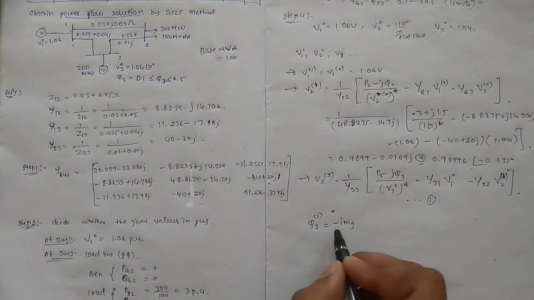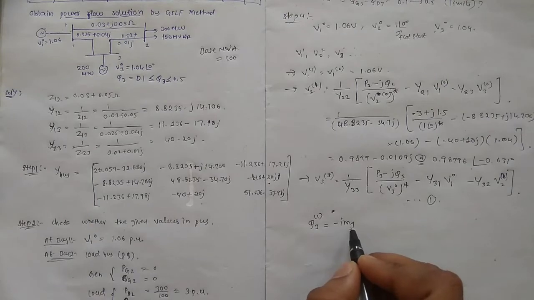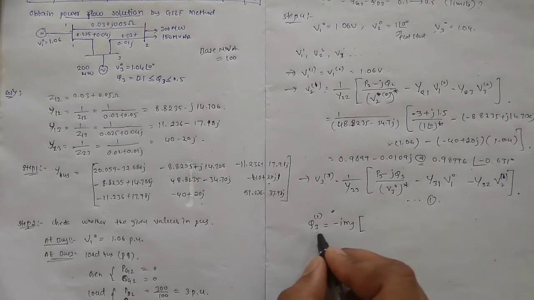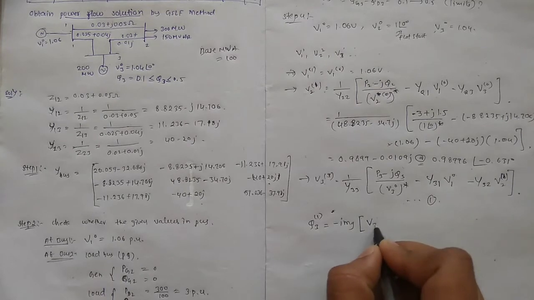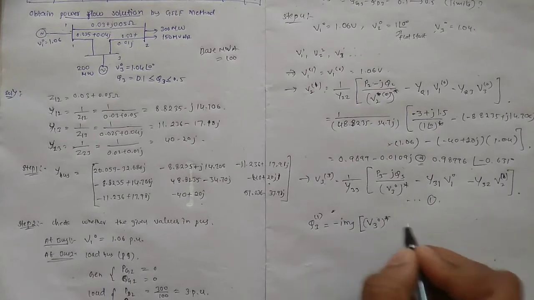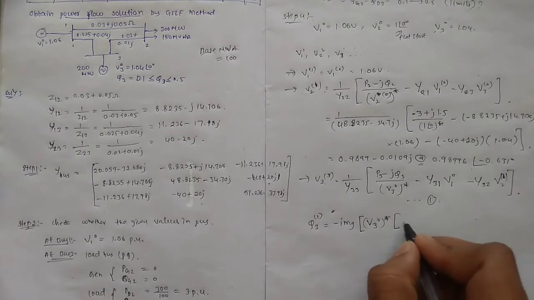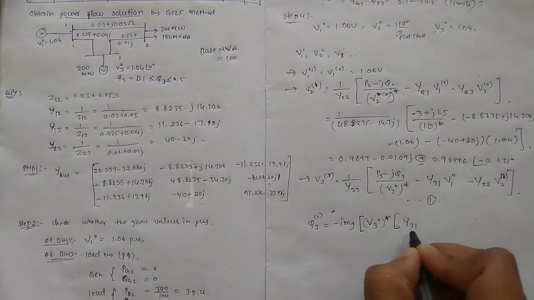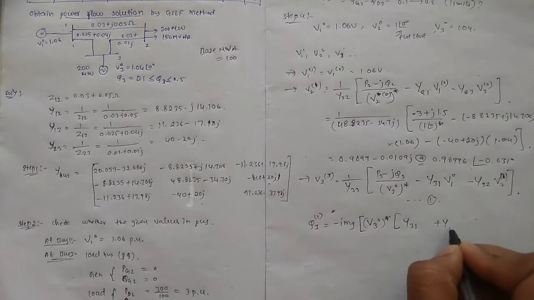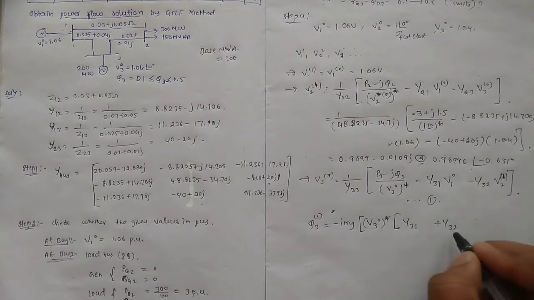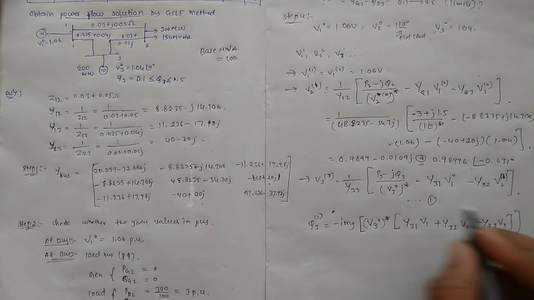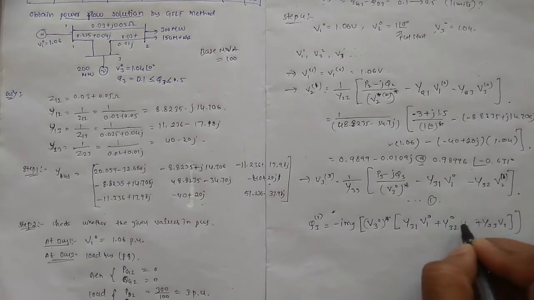The Q3(1) formula is minus imaginary, bracket, and we are at bus 3, that is V3(0) whole complex conjugate, open brace, and we need to write the bus 3 elements, Y31 plus Y32, remember this plus, plus Y33, times the voltages V1, V2, V3.